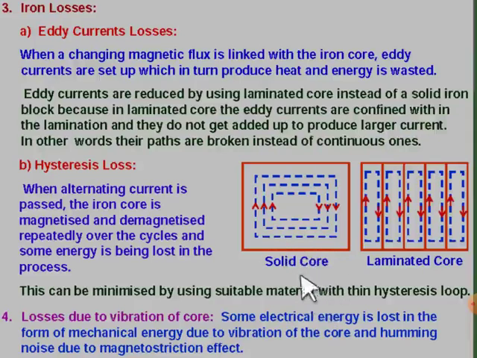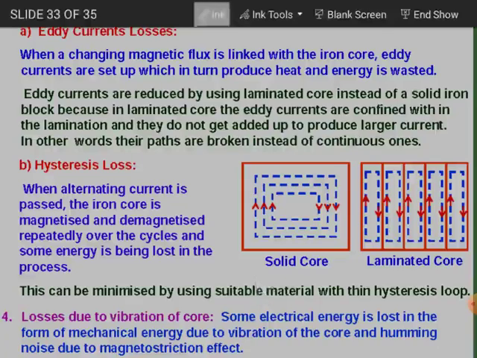But if you use the hysteresis loop of soft iron, then the loop area will be very small and thin like this. This area is directly proportional to the energy spent during the magnetization and demagnetization process. This is for soft iron.